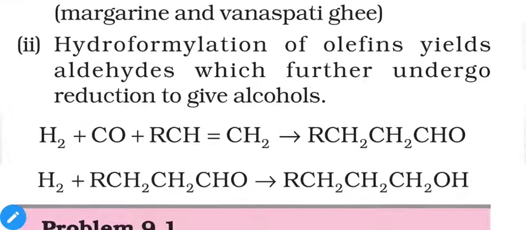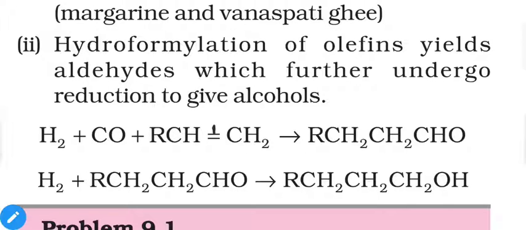The second reaction gives more view on it. Hydroformylation of olefins yields aldehyde, which further undergoes reduction to give alcohol. So a simple reaction: H2 plus CO with RCH double bond CH2, where R represents an alkyl group. So simply the double bond will break.